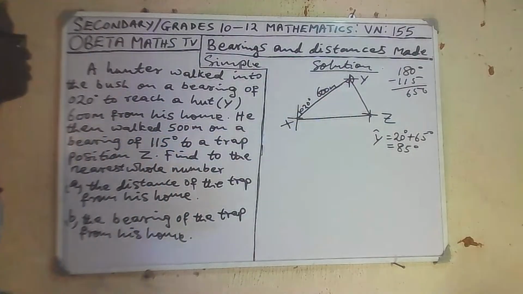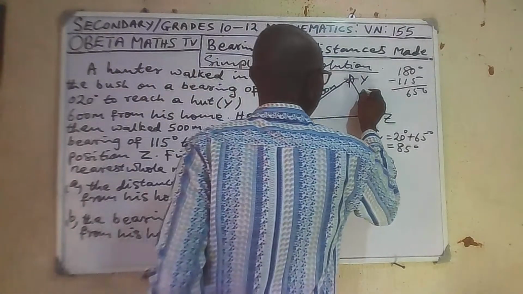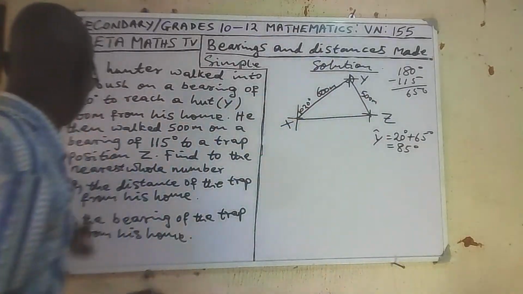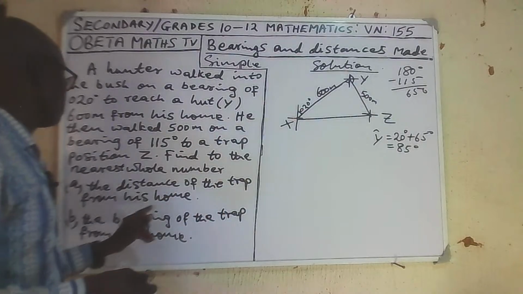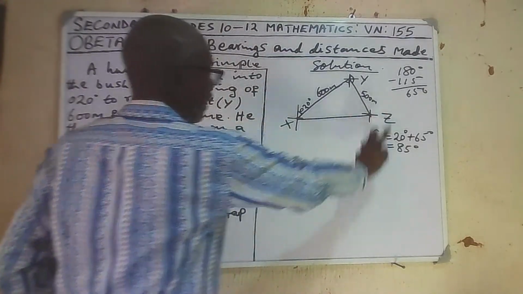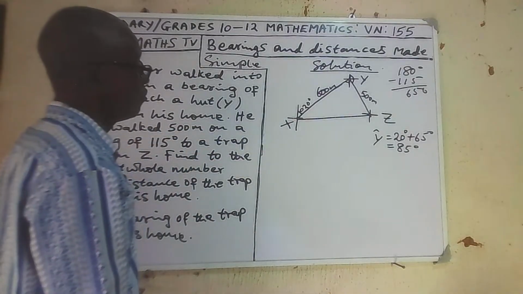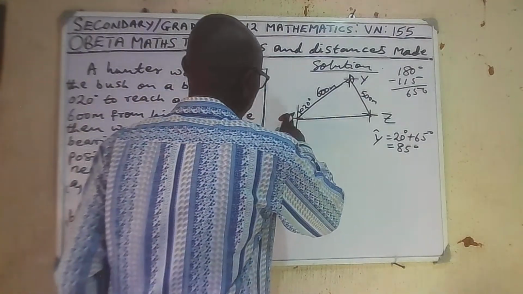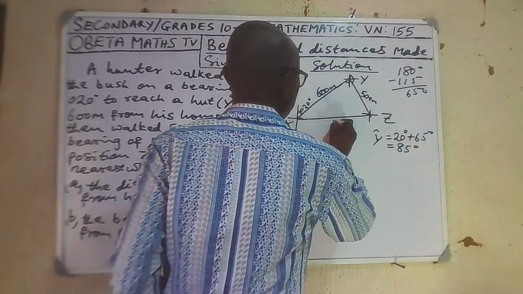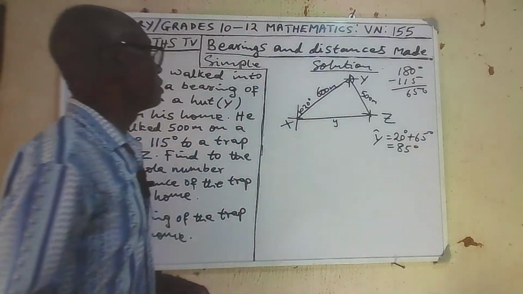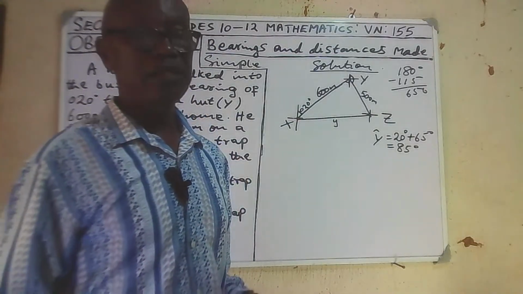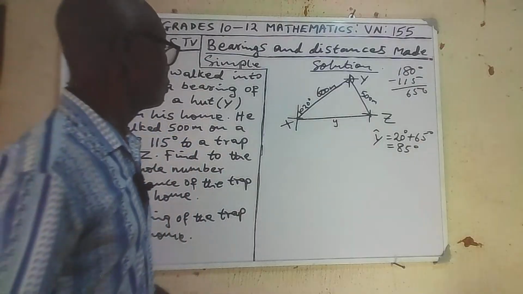Going back, remember that this is 500. We have to find the distance of the trap from his home. Z is the position of the trap, and his home is where we have X. Now we are talking of small y. We are going to use the cosine rule since we know two sides and an included angle.